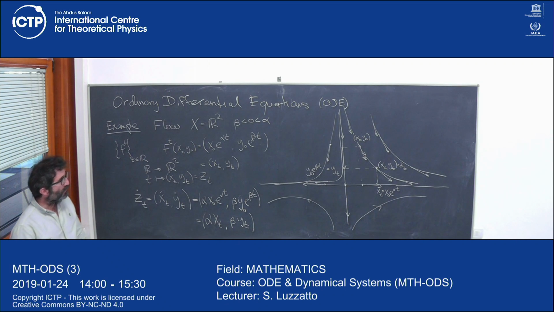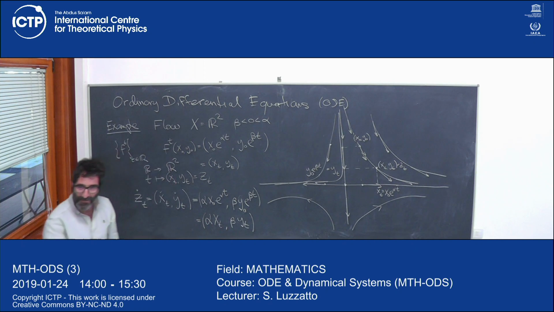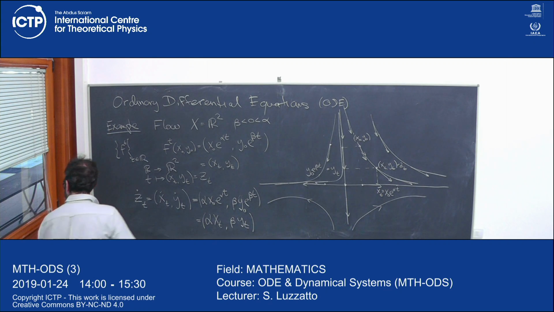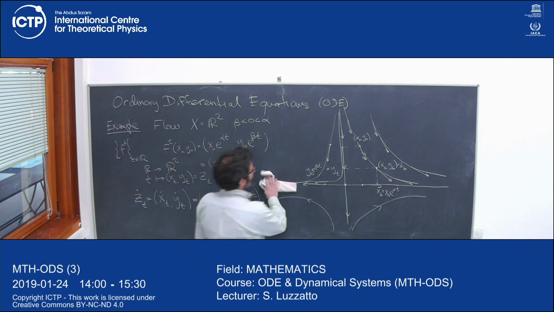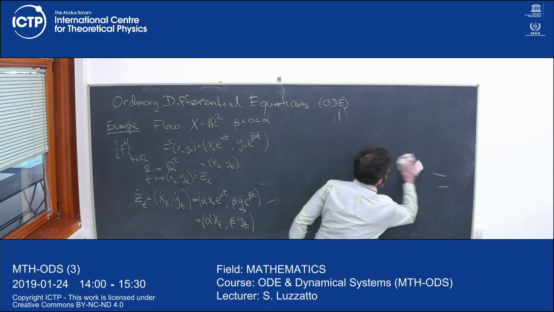What we're saying is that this flow satisfies a remarkable property: if you take an orbit of a point, then the derivative of that orbit with respect to t is always of this form at any position along the orbit. We've seen this picture now.